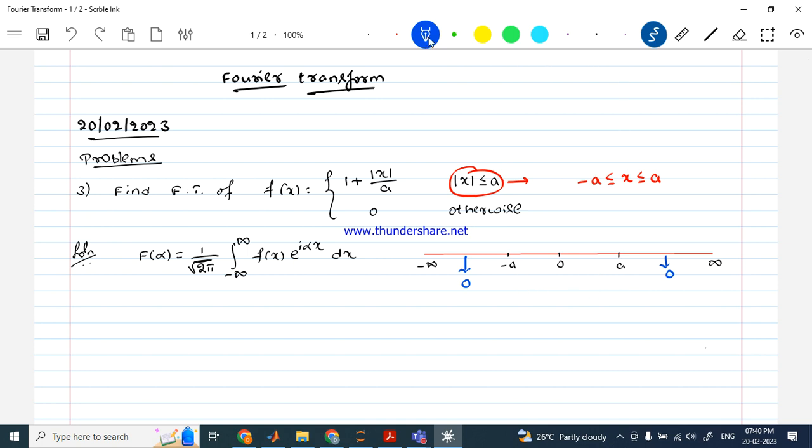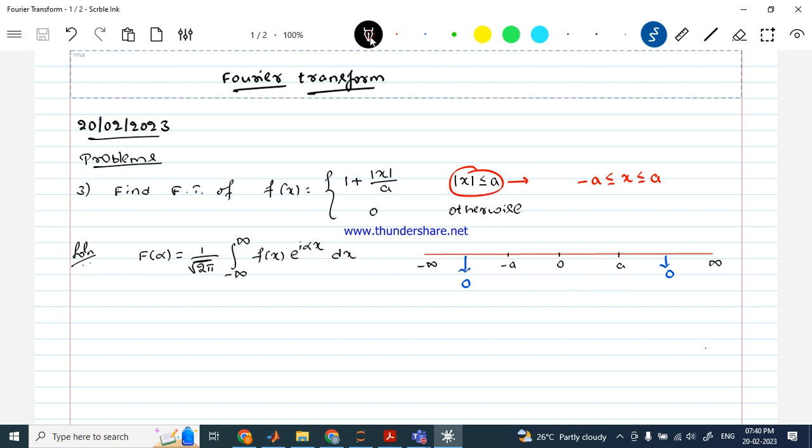Let me come back to this interval now and see what we have. In this interval, they have given 1 plus mod x by a. We know that mod x is minus x for the values of x in the negative interval. I think you are clear with this. Mod x gives the positive value.